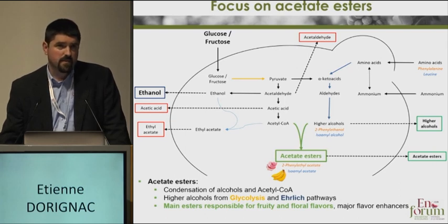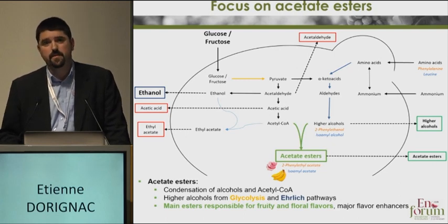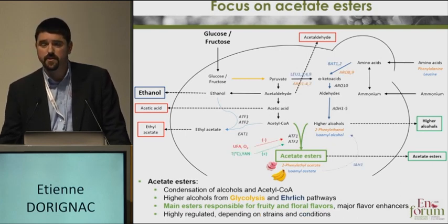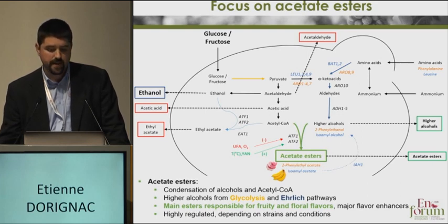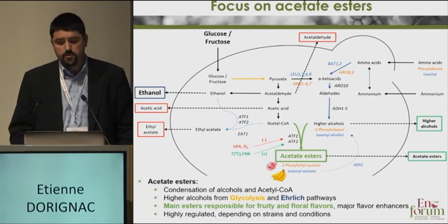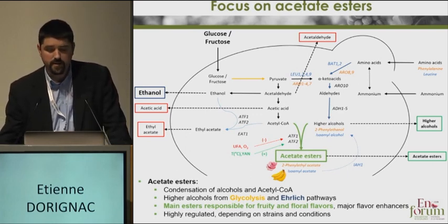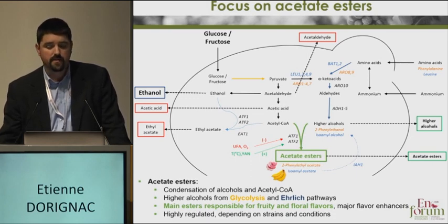These are the main esters produced and responsible for a lot of fruity and floral notes, and like isoamyl acetate, they are major flavor enhancers even at low concentration. But they are highly regulated. A lot of genes are involved, especially ATF1 and ATF2, the alcohol acetyltransferases 1 and 2, which are involved in the production of these acetate esters and can be regulated a lot.